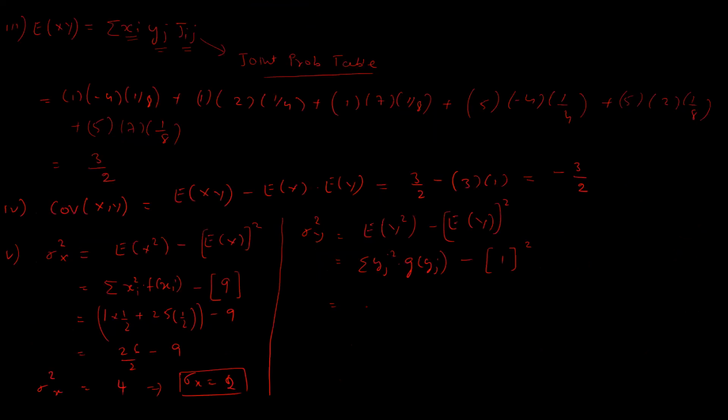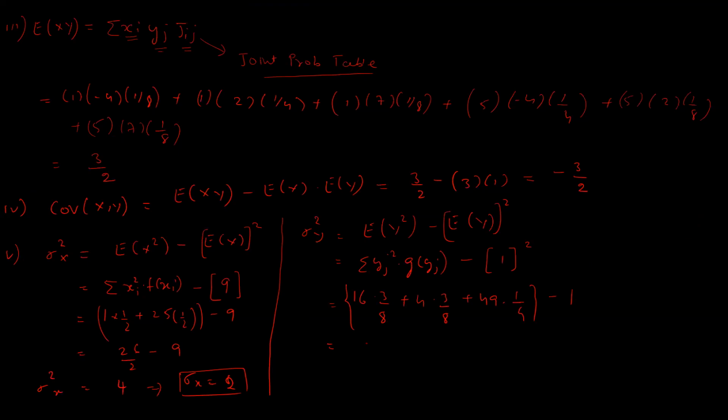So I'll just write the values here. This will be 1 into 16 into 3 by 8 plus 49 into 1 by 4. We have the value, and minus of 1 square is 1.